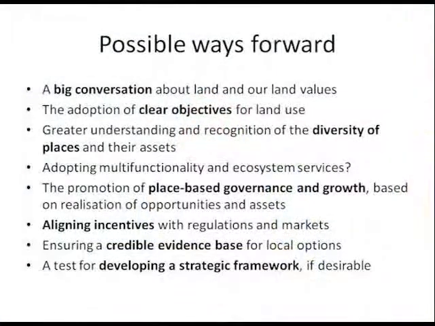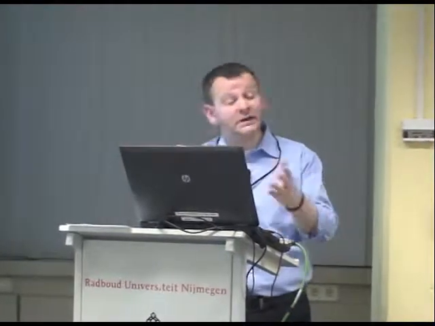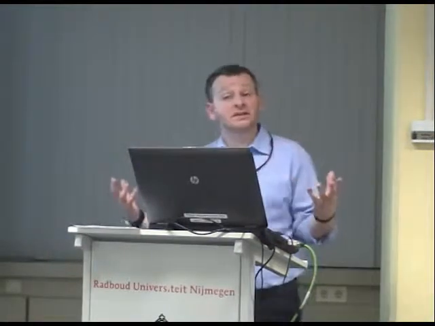We can have a big conversation about what the land means and our land values. We can have clear objectives, and we can have a recognition of the diversity of places and their assets. And I think that's where academia needs to be going in the future, looking at the uniqueness, the positives that individual places have to offer, but perhaps are not recognized by people within those places.